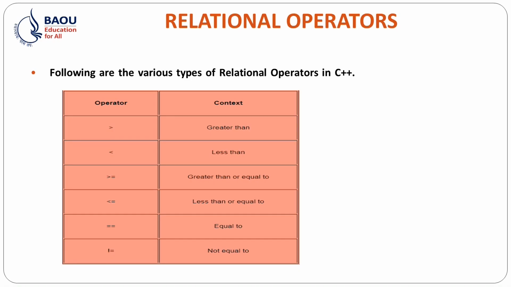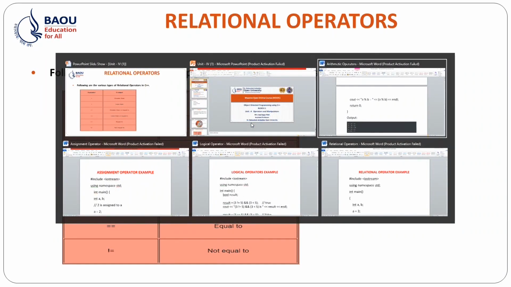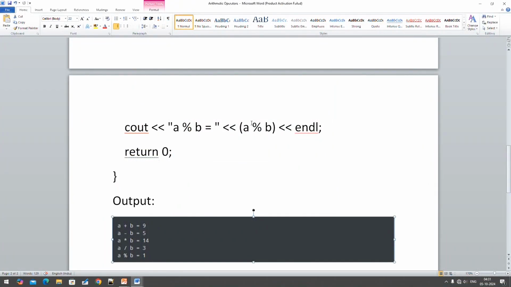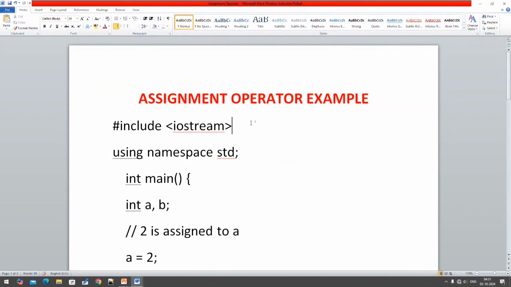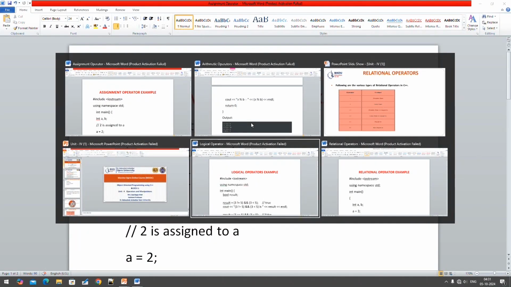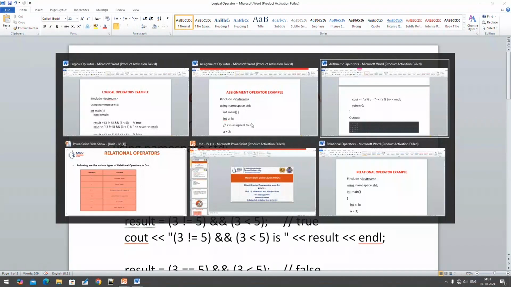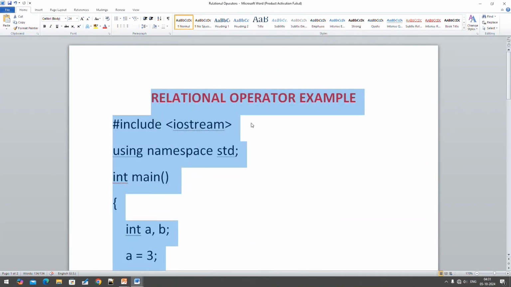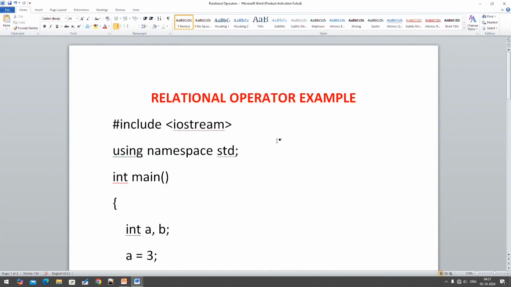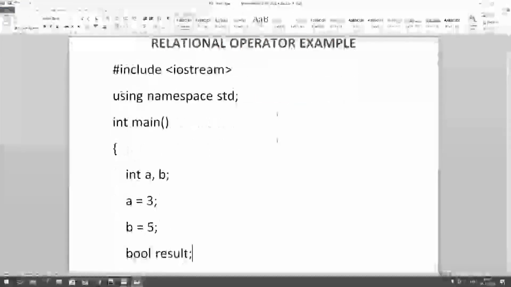Now let's see one simple example of relational operators in C++. First I have included iostream. After that I have used using namespace std.